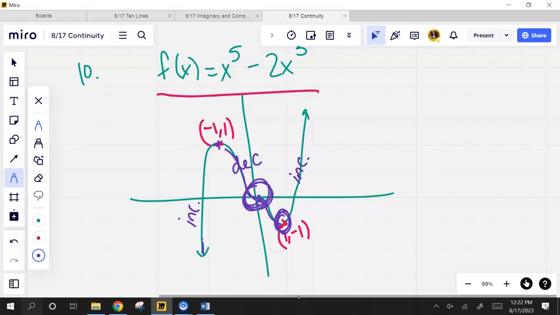Now let's write the intervals. You use x to write these intervals. Left to right, negative infinity to -1 is increasing. I always just go along the graph and put it there. If you do it all at one time, that's fine too.